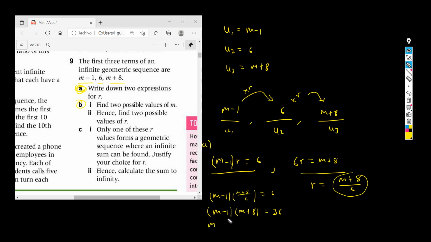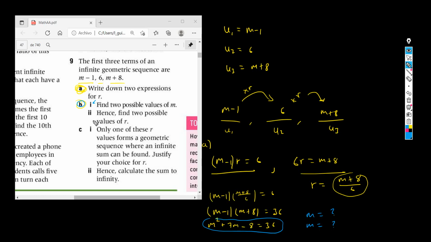After you multiply these two binomials, you're going to get m squared plus 7m minus 8 equals 36. From this equation, guys, once you solve it, you're going to get two possible values for m, and those are the solutions for this particular question.